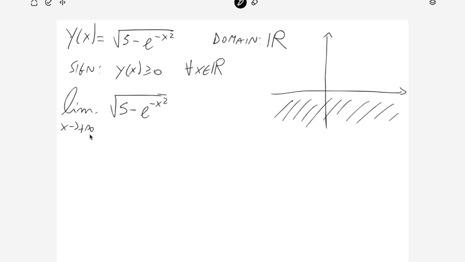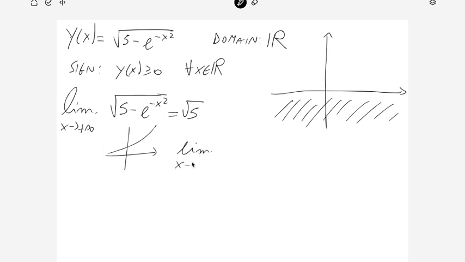When x goes to plus infinity, e to minus infinity is equal to 0, if you remember the graph of the exponential. So this is the square root of 5.